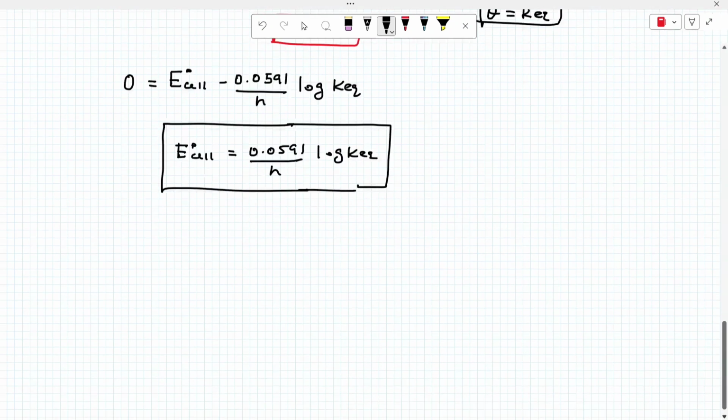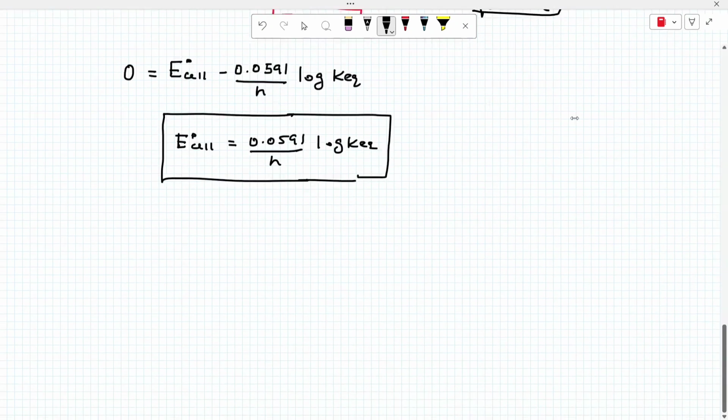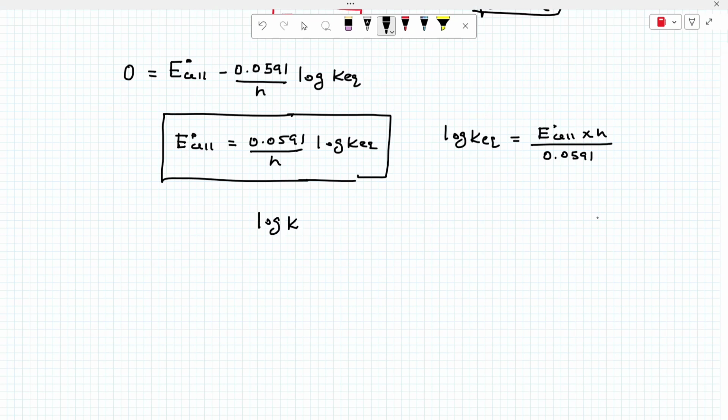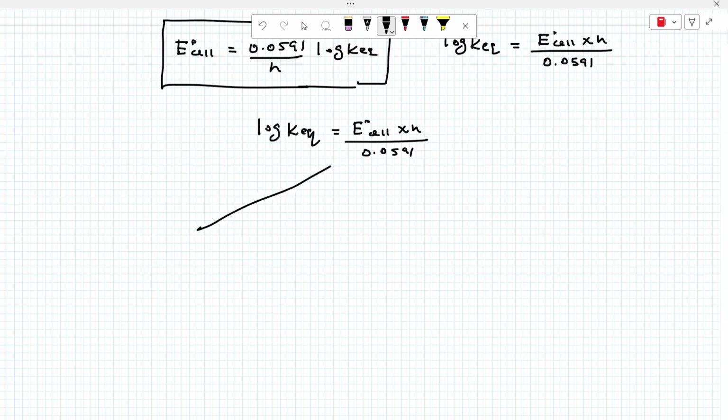Now if you simplify this, the formula is log K equilibrium equal to E naught cell into n by 0.059. Note this. This has to be split into two, based on the option. Based on the option, we can write two equations.